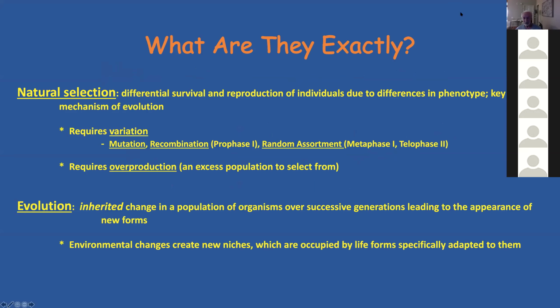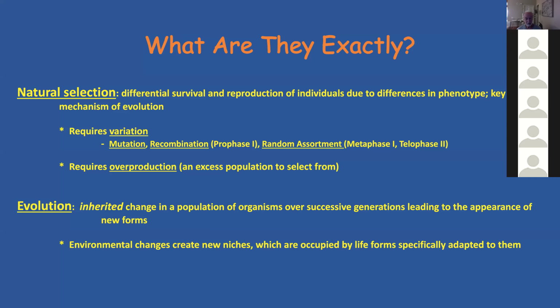Natural selection is the key mechanism of evolution. What does natural selection need in order to operate? Well, two things. First is variation. And you know all about this. We've discussed it several times.